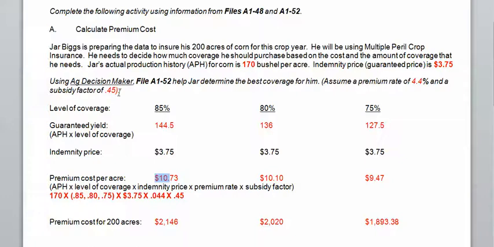Subsidy factor meaning that in this case, 45% is what we're going to have to pay for this insurance. 55% would be subsidized, meaning the government actually pays part of our premium for crop insurance, 55% in this case. So let's take a look here how this looks.